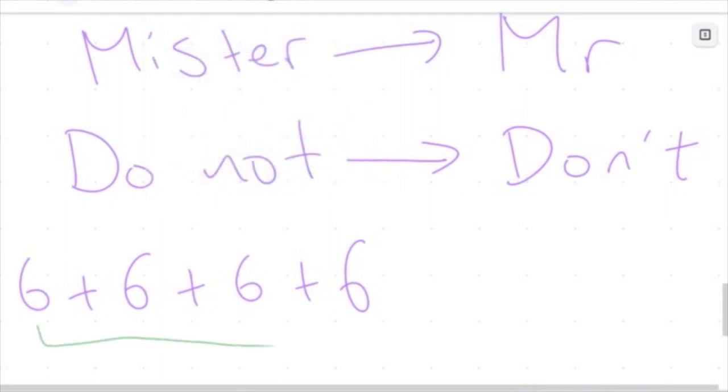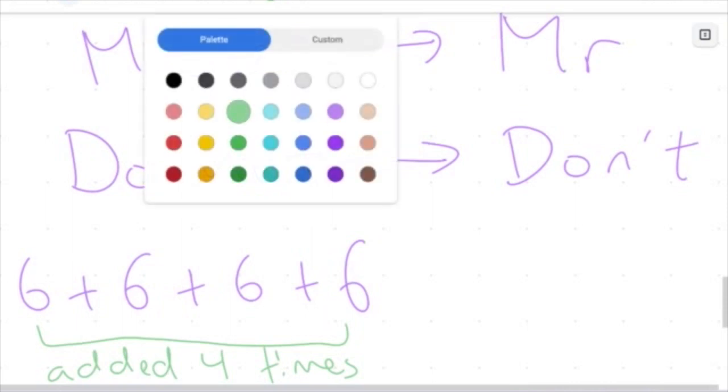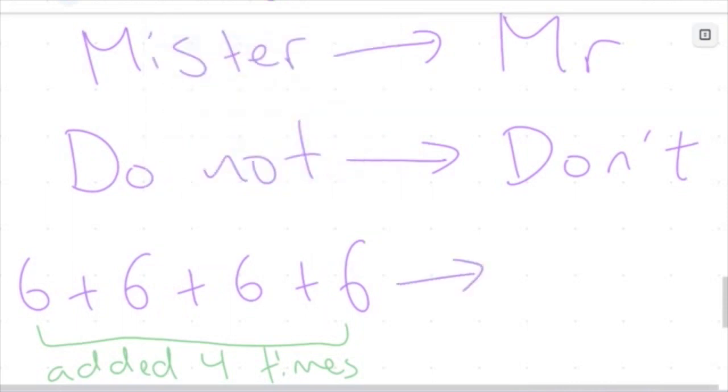It's getting added 4 times. So the abbreviation for this, the shortening of this, which multiplication gives us, is writing, well, 4 lots of 6. It is an abbreviation. It is a shortened way to write something being added a certain amount of times.